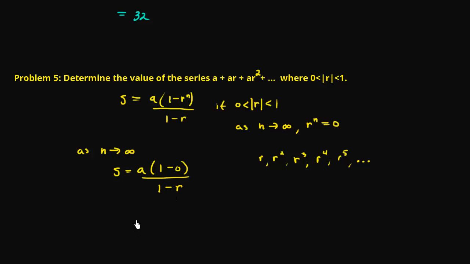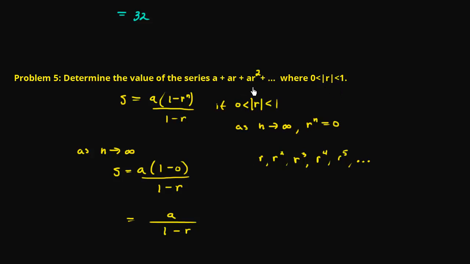So if we have this infinite geometric series where the absolute value of r is between 0 and 1, the value of the sum becomes a over 1 minus r. So we can sum an infinite number of terms. That's only if the absolute value of r is between 0 and 1.